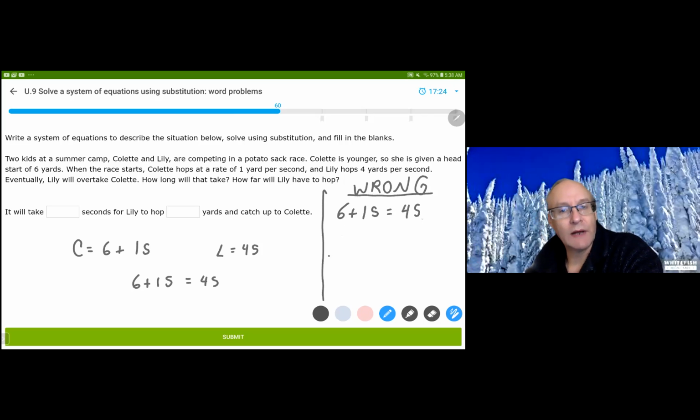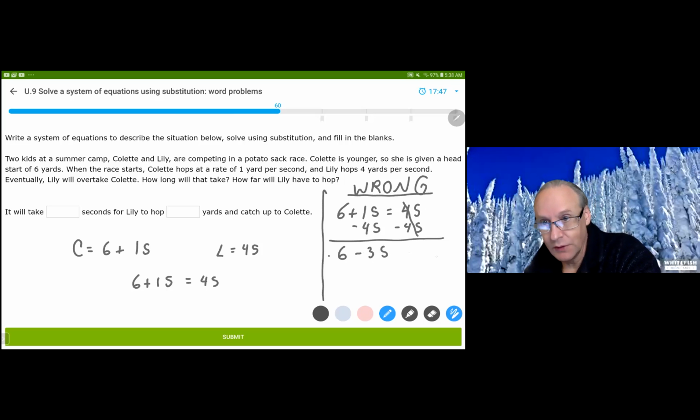So what happens is students go, oh, I'm going to subtract the 4s. Now, this in and of itself isn't wrong, but the problem is that they get 6 minus 3s, and they're so used to canceling this out that they're supposed to put it equals 0, and then they're supposed to finish solving it. But what they do, and I hate it when they do this, they say, well, you know what?